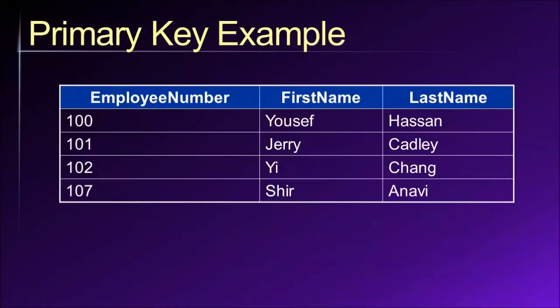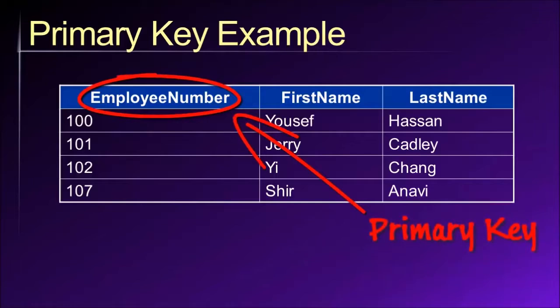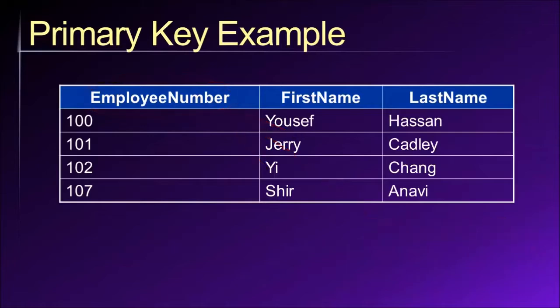Let's see an example. Here we have a table with 3 columns, employee number, first name, and last name. In this table, we are using employee number as the primary key. That means that if I know a specific employee number, I should be able to locate a single specific employee within the table.